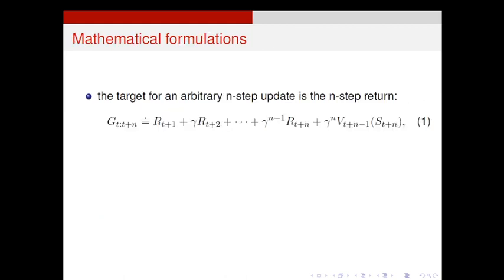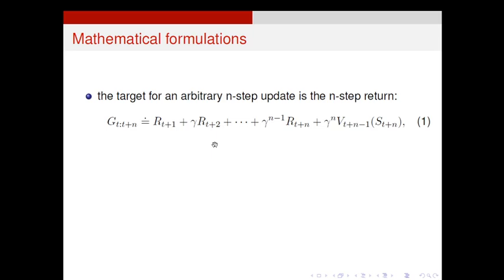So the mathematical formulation is straightforward. It is denoted by the notation G t colon t plus n, where t plus n minus t is n. G t colon t plus n is equal to r t plus 1, that means the immediate reward at state t, plus the next state reward multiplied by the discount factor gamma, so gamma into r t plus 2, plus etc., plus gamma raised to n minus 1 into r t plus n, plus gamma raised to n into V of s t plus n minus 1.